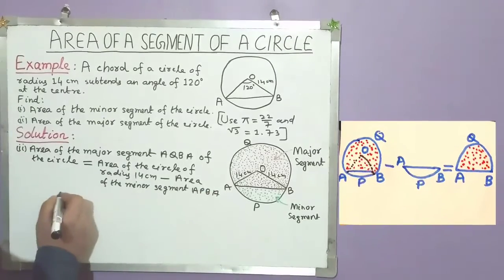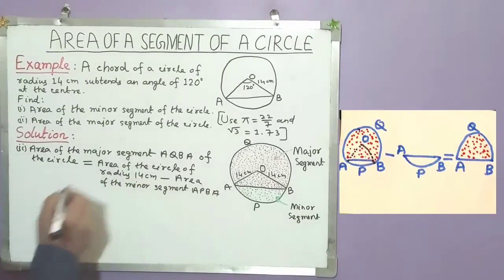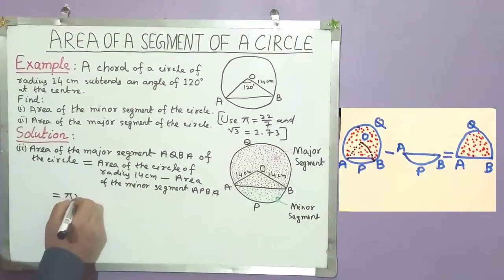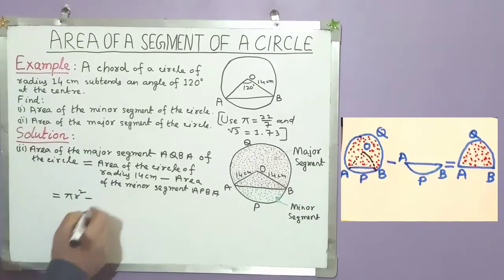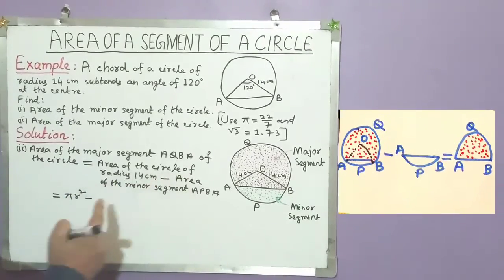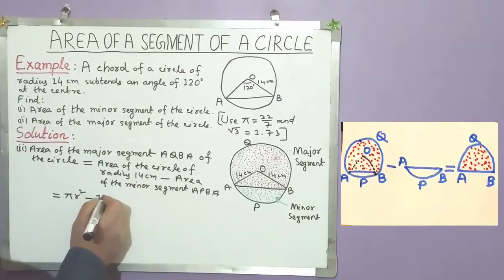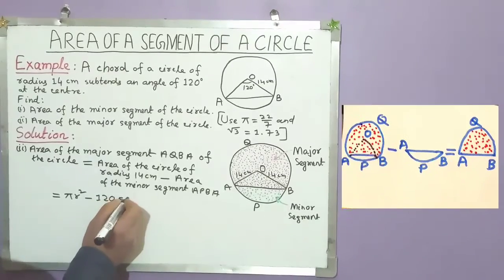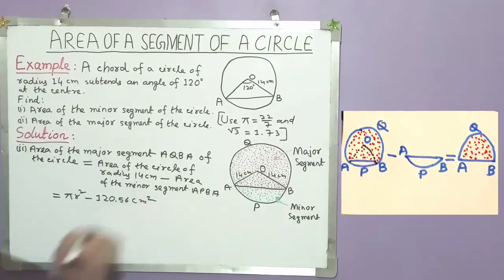We know area of the circle equals pi r square, so that equals pi r square minus, we have found in the earlier step area of the minor segment as 120.56, so we have put the value here.